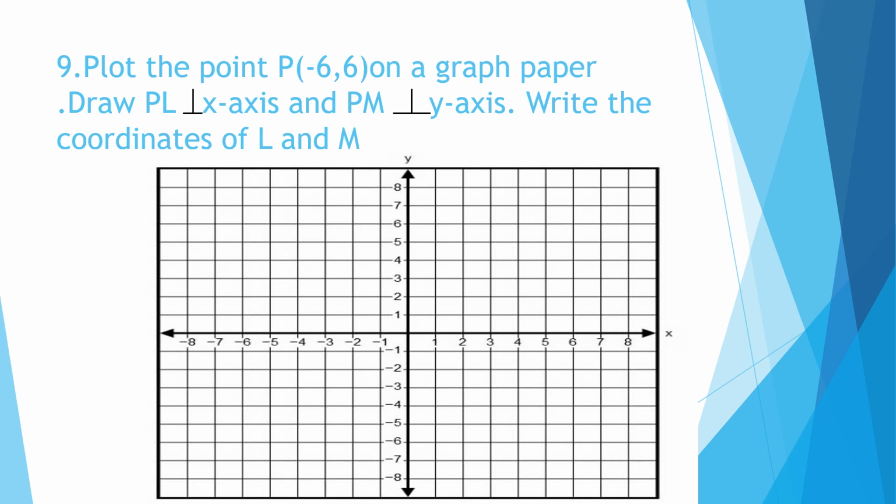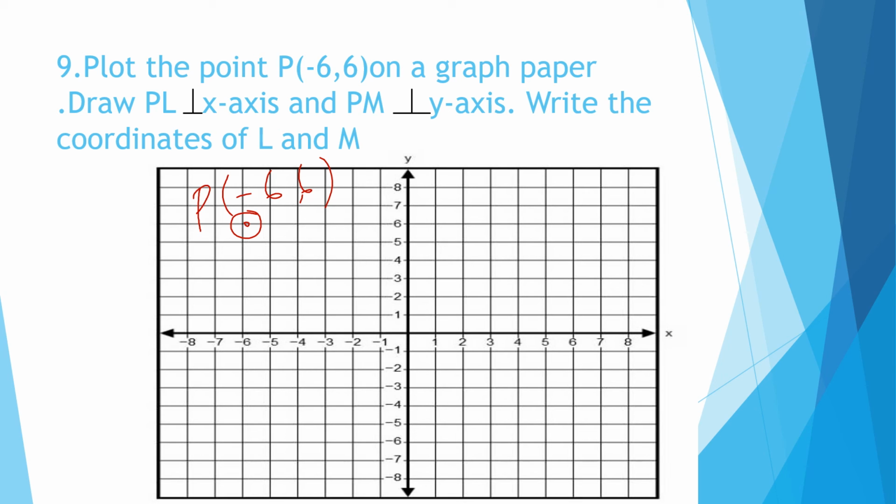Move to our next question. Plot the point P minus 6 comma 6. So negative 6 comma 6 will lie in the second quadrant. Here will be your point. Mark it as P minus 6 comma 6 on the graph paper. Draw PL perpendicular to the x-axis.